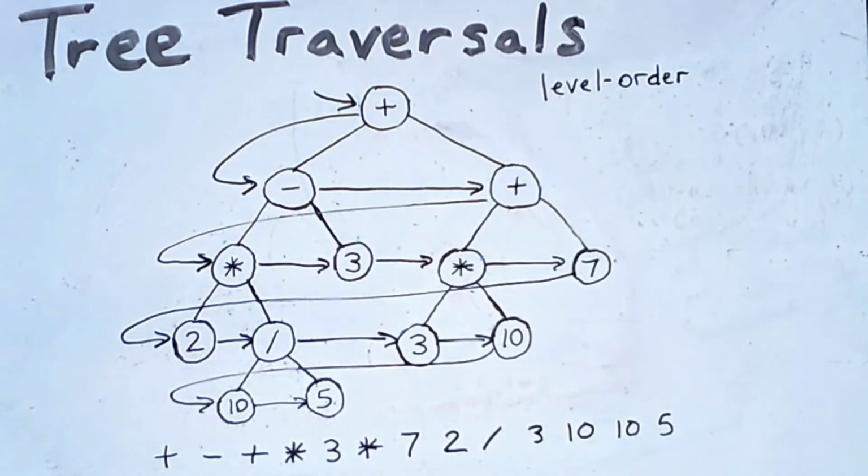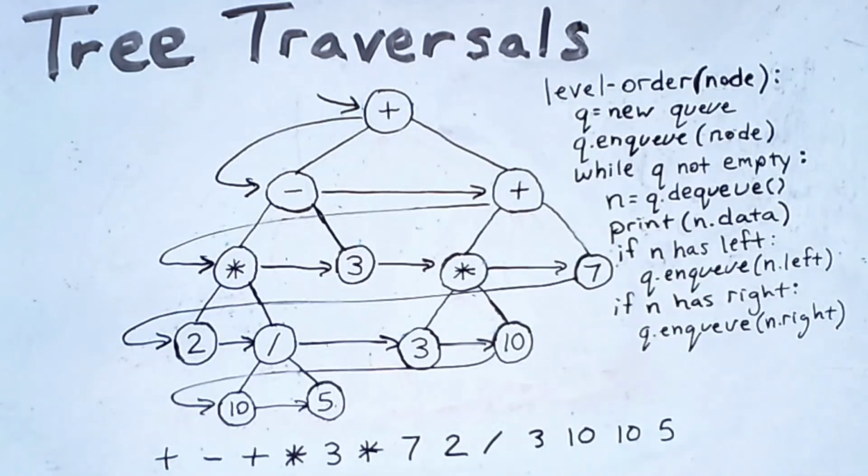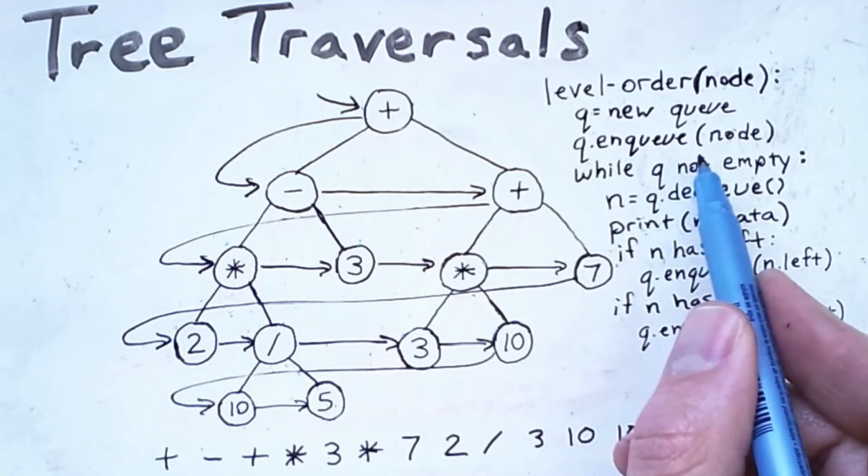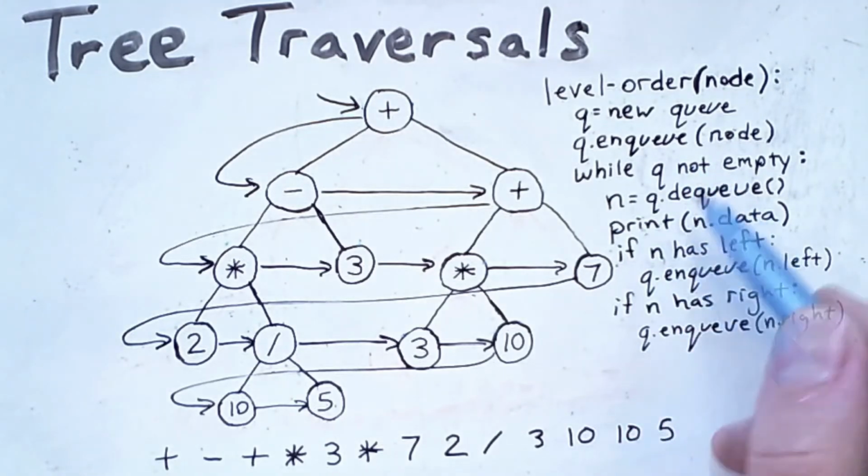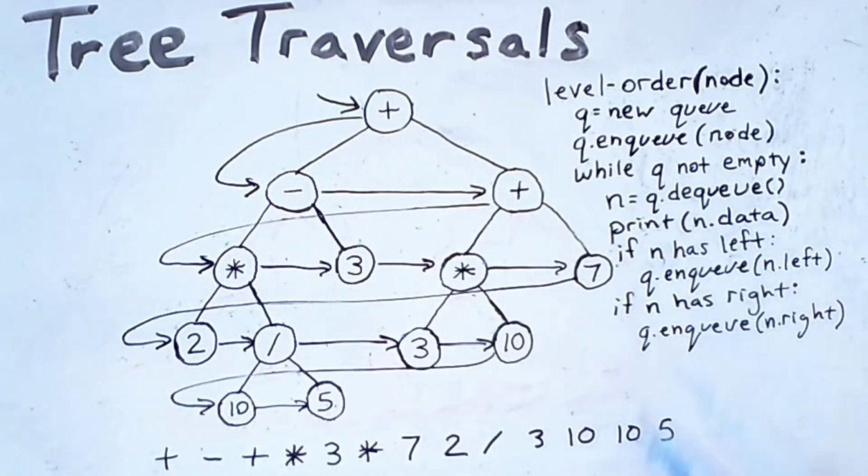And the code for this is somewhat unusual because it is not recursive, but I'll go ahead and show it to you. It uses a queue data structure. So this is the pseudocode, and the general idea here is that we're going to put a node, initially the root node, onto the queue with the enqueue operation, and then we're going to loop as long as that queue is not empty.